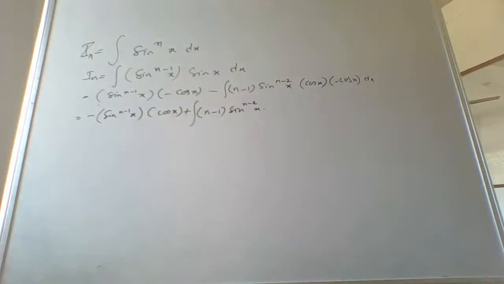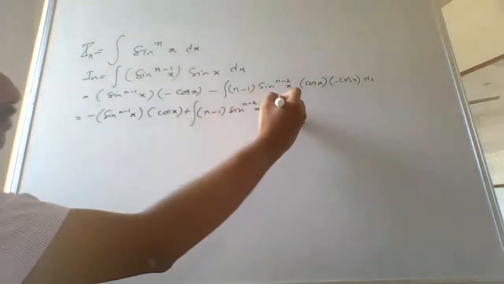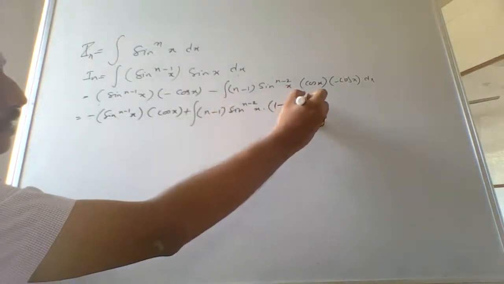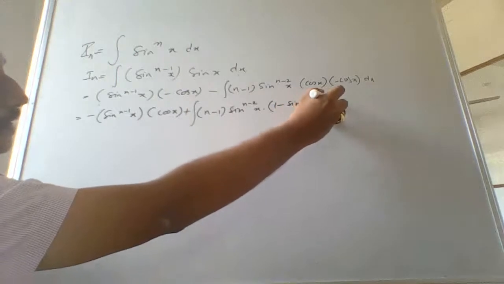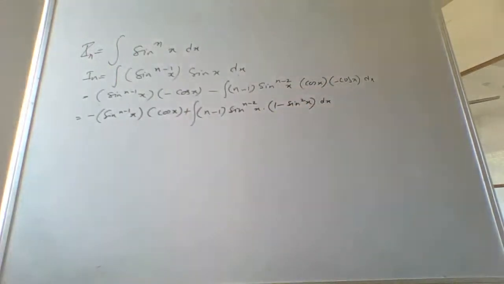So cos square x I can write as 1 minus sine square x, dx. I hope you understood this: cos square I have put as 1 minus sine square x.